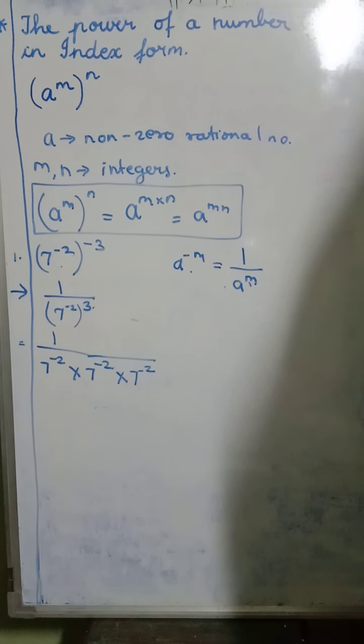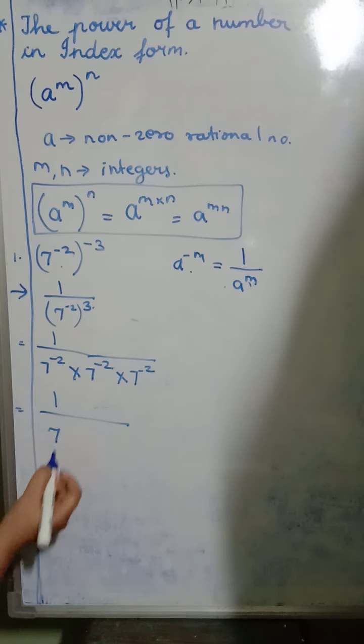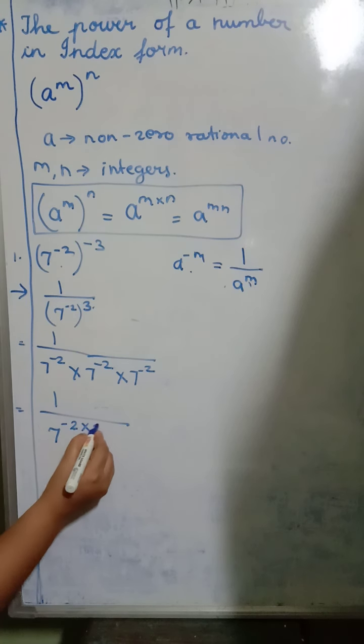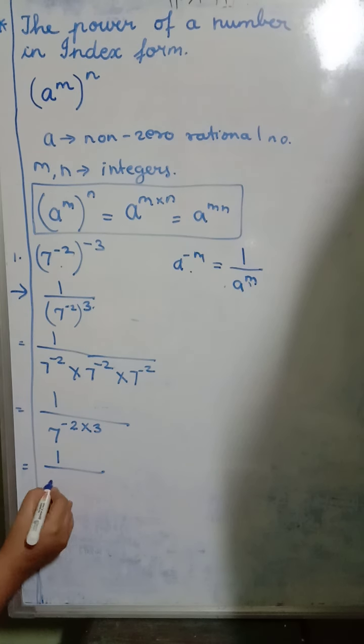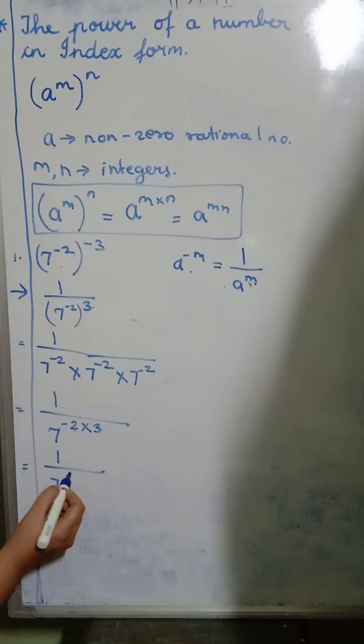It is 3 times. So how can we write this? 1 upon 7 raised to, negative 2 is coming 3 times. So 1 upon 7 raised to negative 2, 3s are 6, and one number is negative, so the answer will be negative 6.